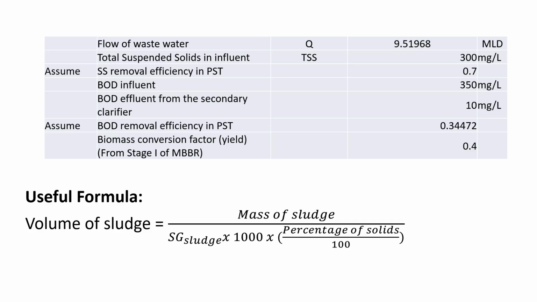BOD removal efficiency at PST is 34%, that is 0.34. Biomass conversion factor from MBBR is 0.4. For finding the volume of sludge, you have to use this formula: mass of sludge divided by specific gravity of sludge times 1000 times percentage of solids divided by 100.